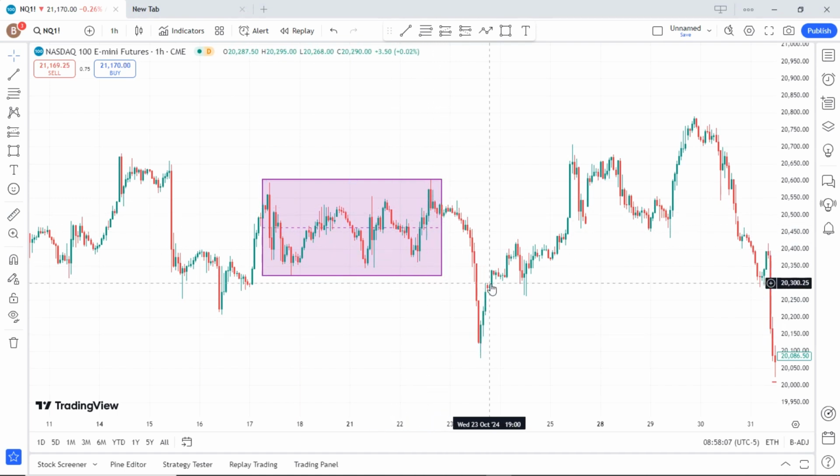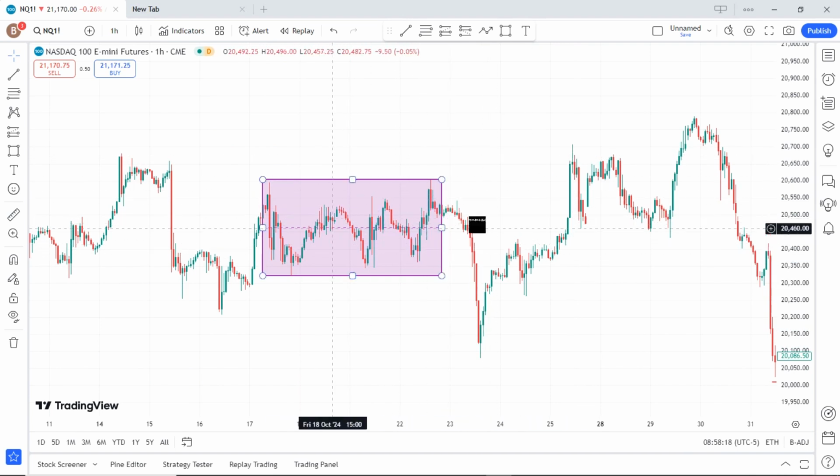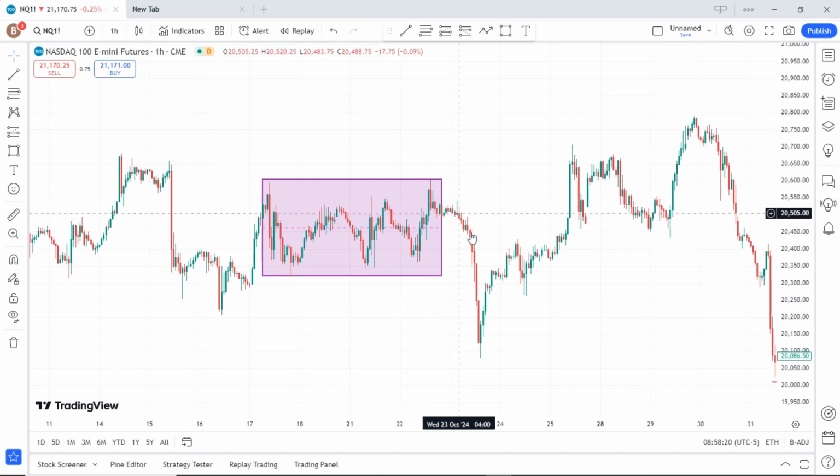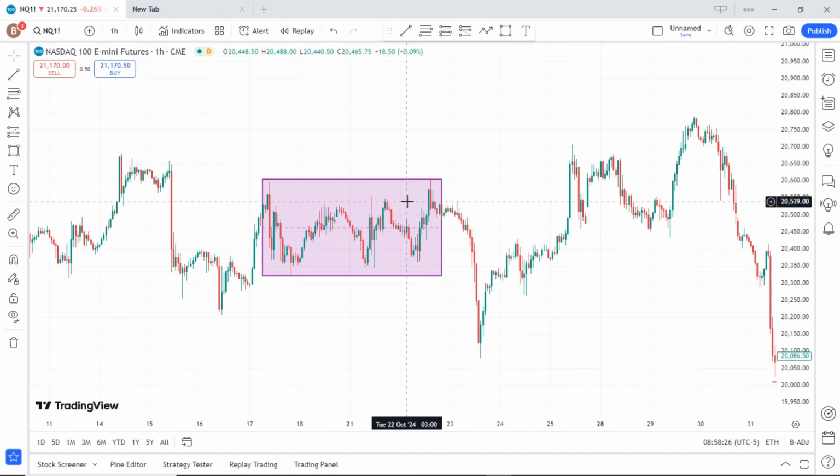Price expanded to the sell side with velocity, and then they reversed it and reversed to the upside. This is another classical example of consolidation, expansion, then reversal. This is another classical example.